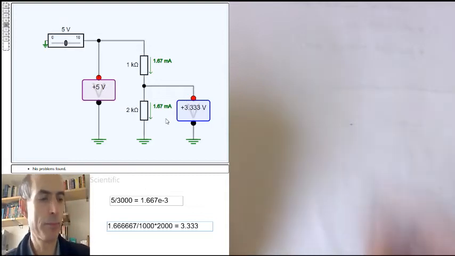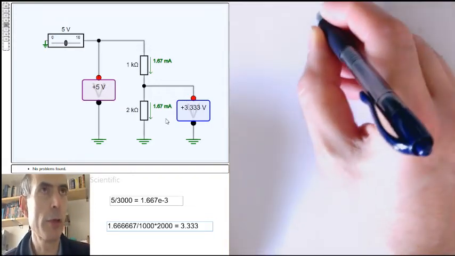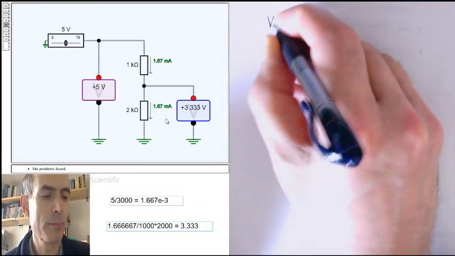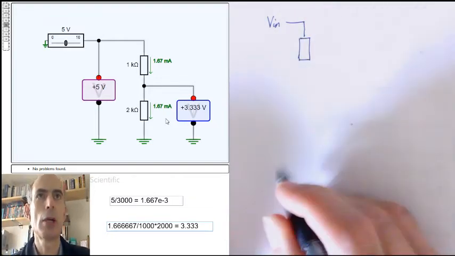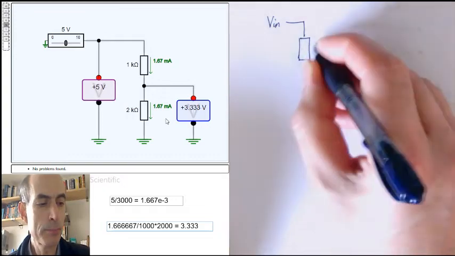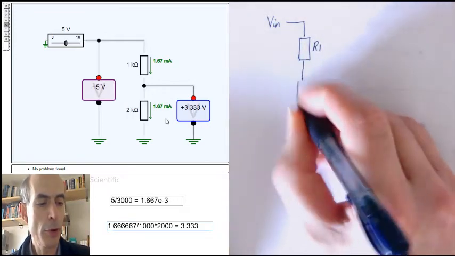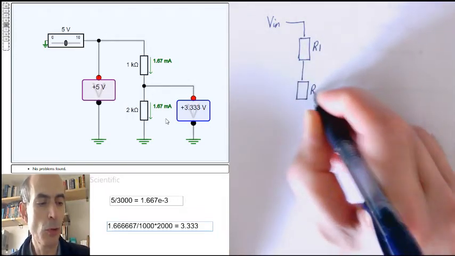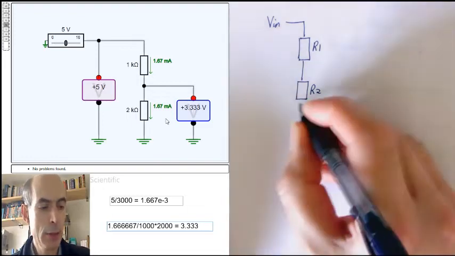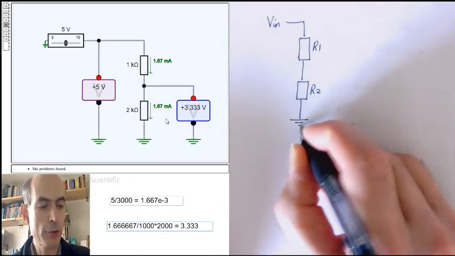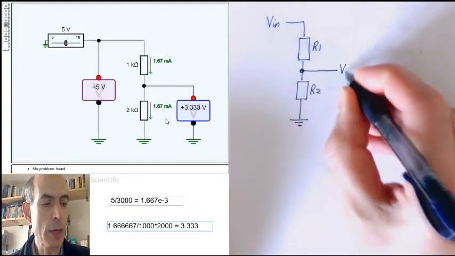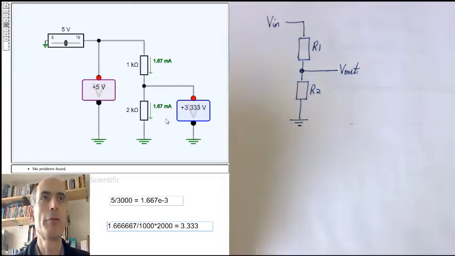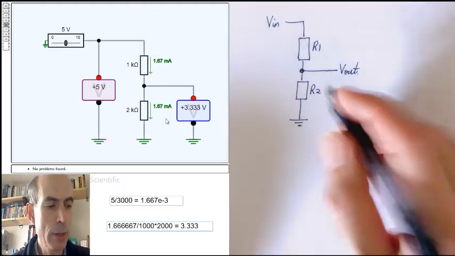In general then, we'll have a voltage, I'll call it V in. This will go through a resistor here, which I will call R1, down through another resistor, which I will call R2, down to, in this case, ground. And what I want is, what is the output voltage there, V out? Well, first of all, the current.